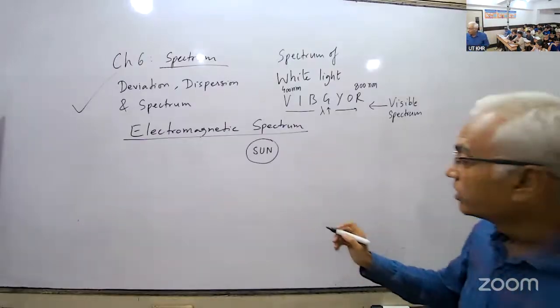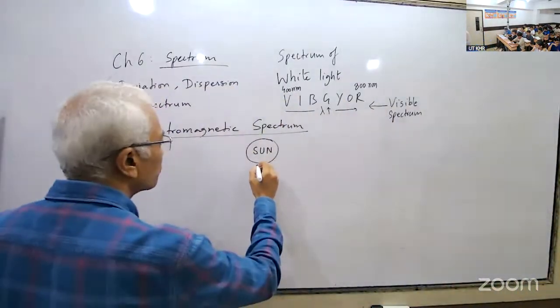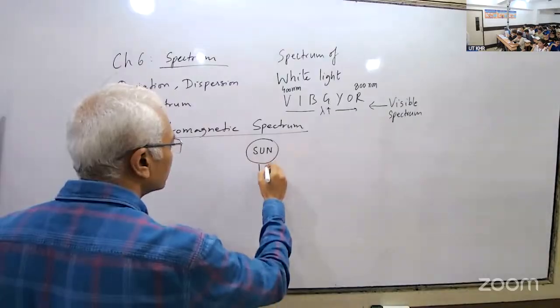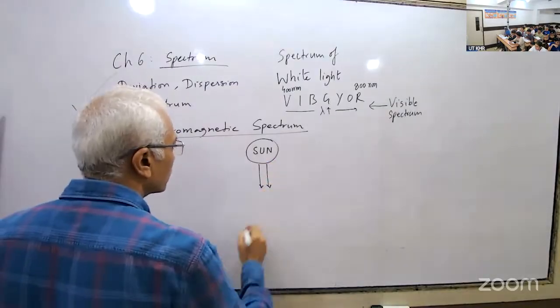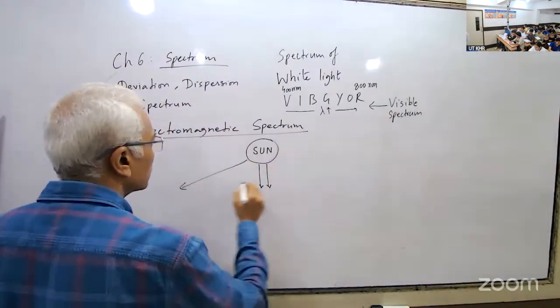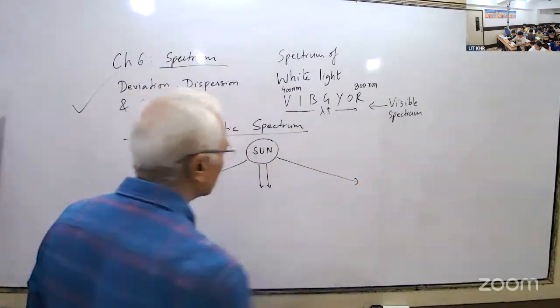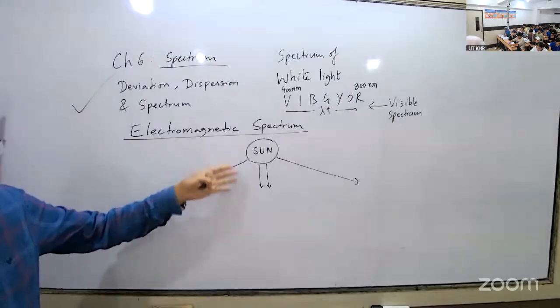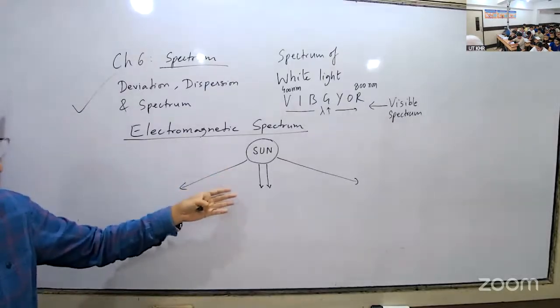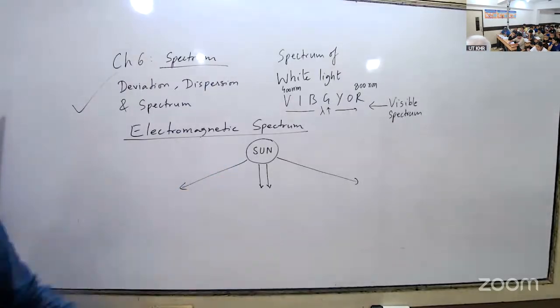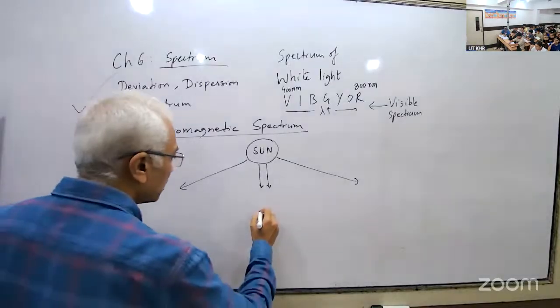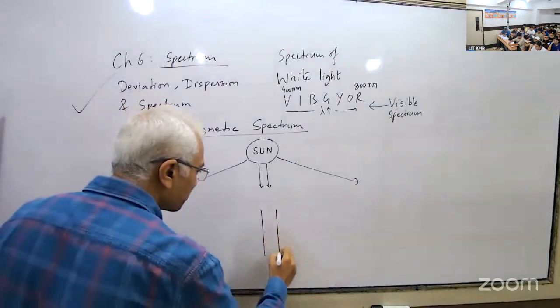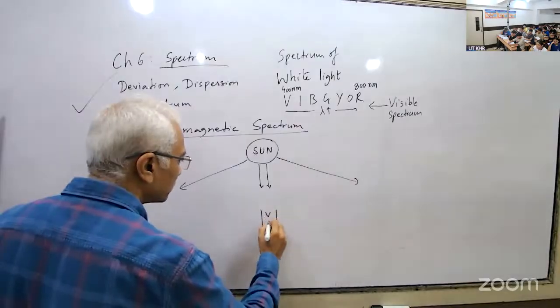So when the radiation coming from the sun is analyzed with the help of a spectrometer, the visible spectrum forms a very small part.